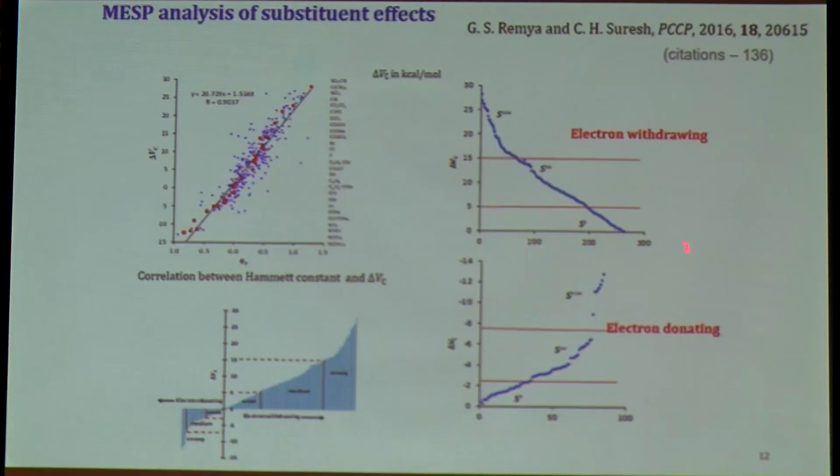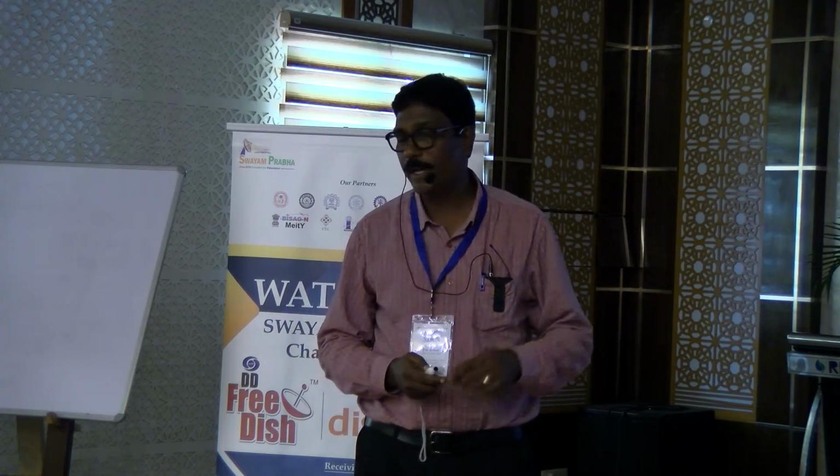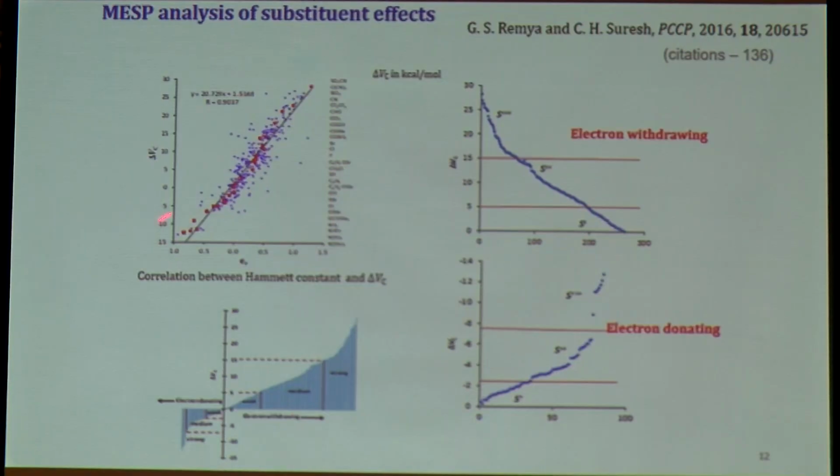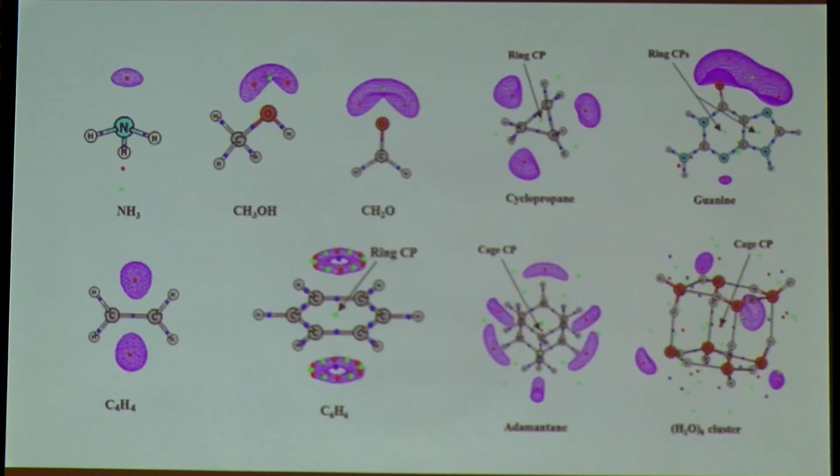Another point that we discussed in this paper is that most of the substituents in organic chemistry are electron withdrawing in nature, and the electron donating substituents are not so many. In fact, if you look at the neutral substituents, the most donating is the N,N-dialkylamino group. Beyond that, I think you don't have anything that is more electron donating. So I think we can improve organic chemistry by designing more and more electron rich, electron donating substituents.